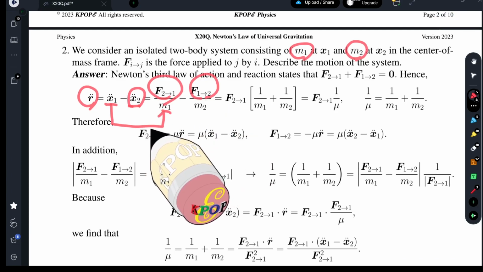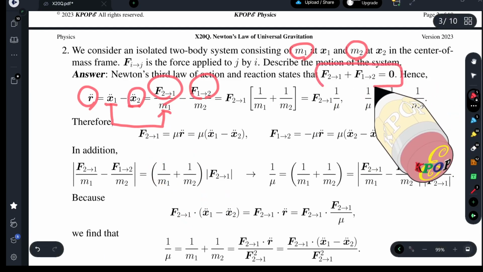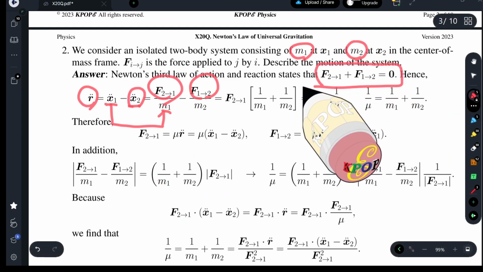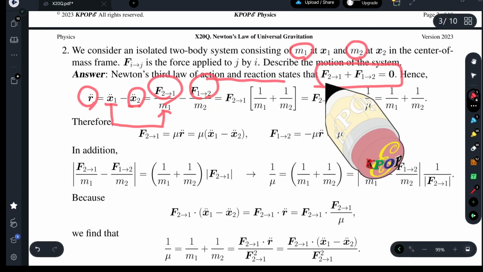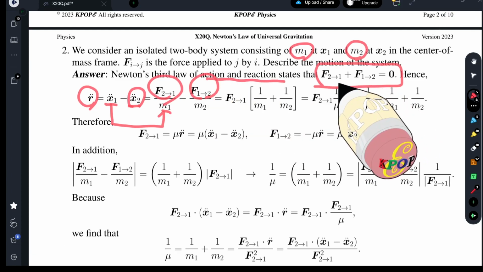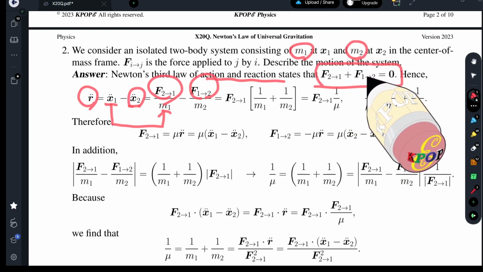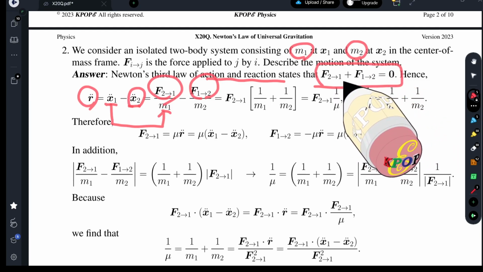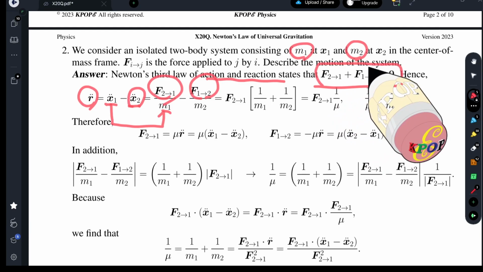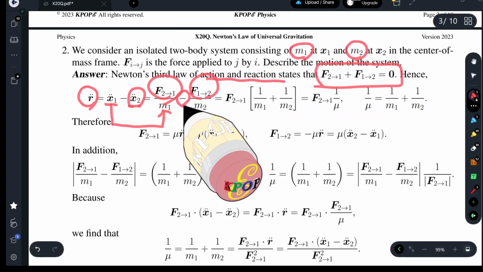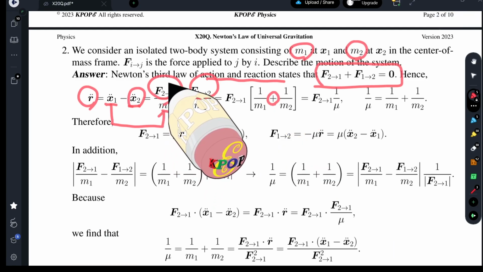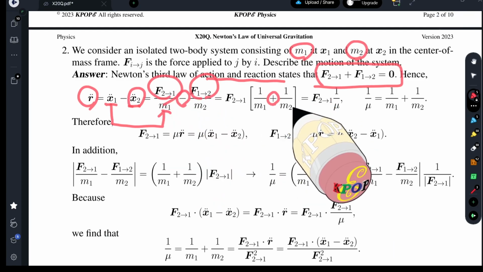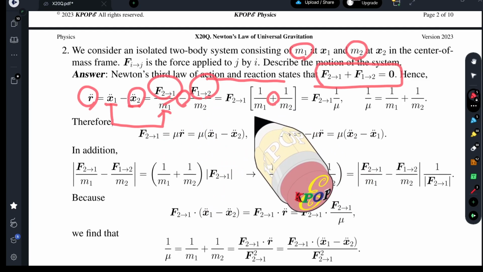As a result, in addition, we make use of Newton's third law, the law of action and reaction. The magnitudes of the two forces are the same, but their directions are opposite. So if we substitute this result, this sign flips to become a positive sign. You will find the reciprocal of mass m1 and the reciprocal of mass m2 in their sum.